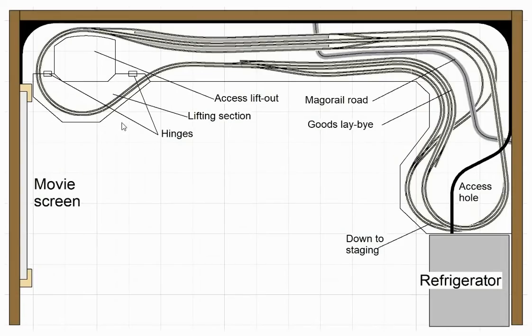In this version, I figured out the shape of the lifting flap, the extent of the access necessary, and I filled in the backdrops and showed how it can come forward here to allow access space behind it. He also has a magnetic roadway that he wanted to incorporate, so I've shown it here on this plan.